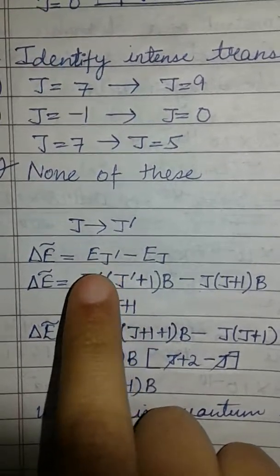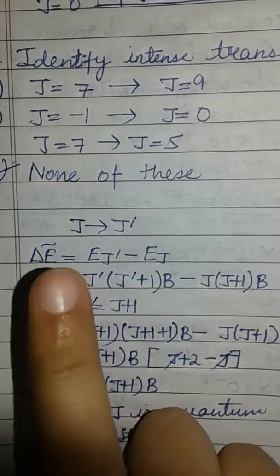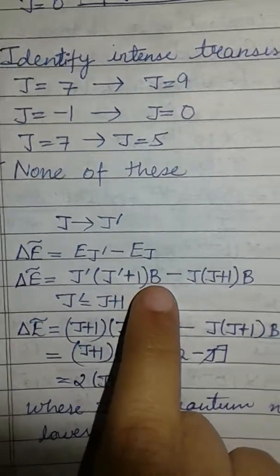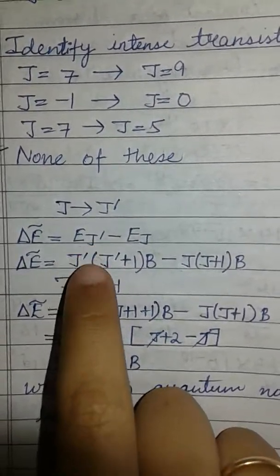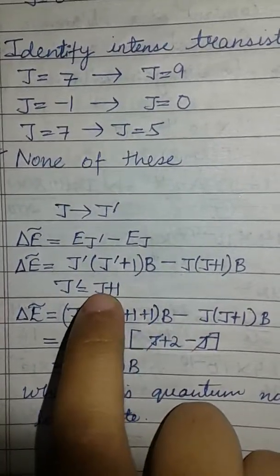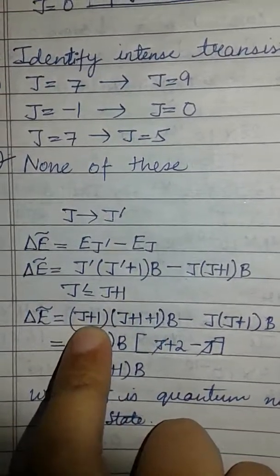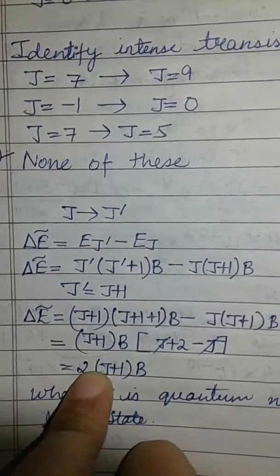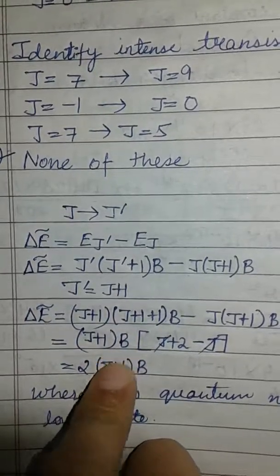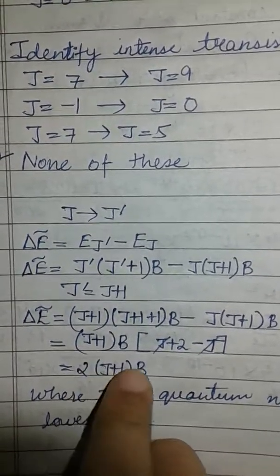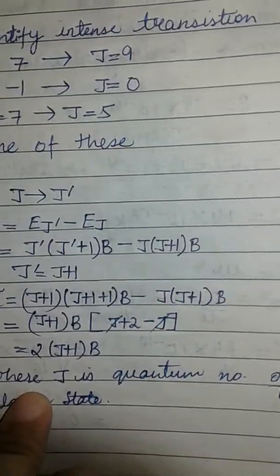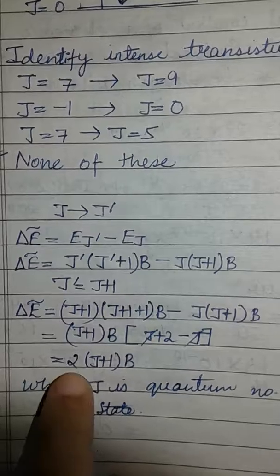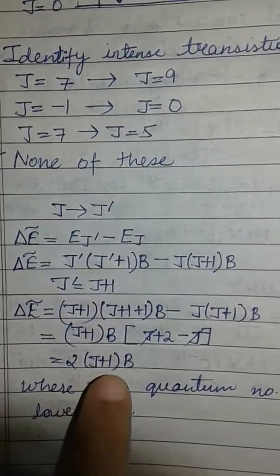Then we know that the energy E is equal to J into J plus 1 B. So now here it is J dash, here it is J. Putting J dash equals J plus 1, we get this. And then on solving this by taking common J plus 1 B, we get 2 into J plus 1 B, where J is the quantum number of the lower state. So delta E equals 2 into J plus 1 into B.